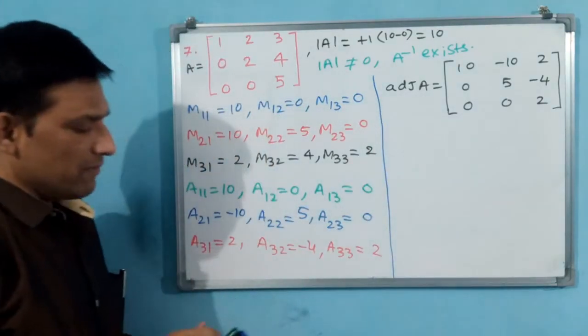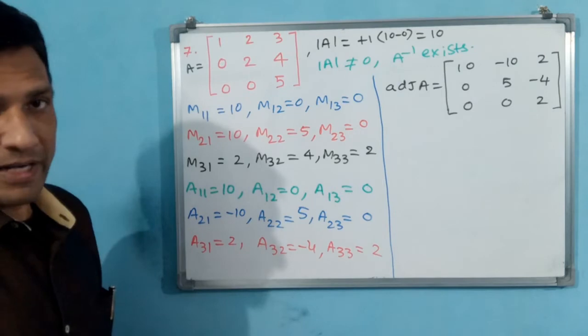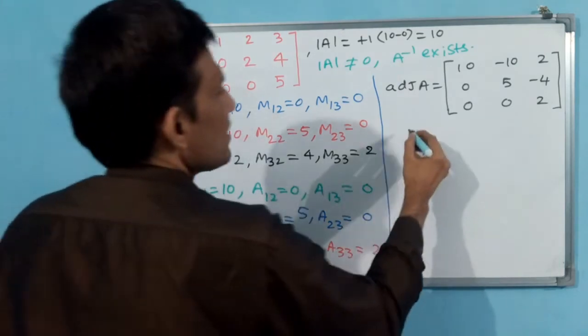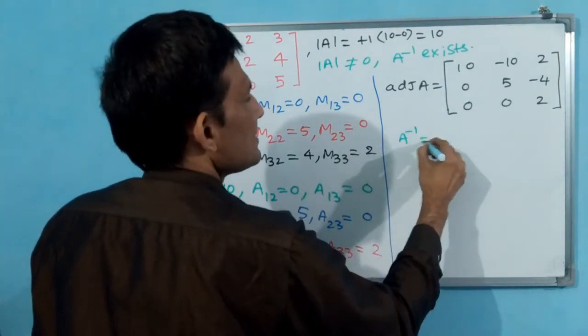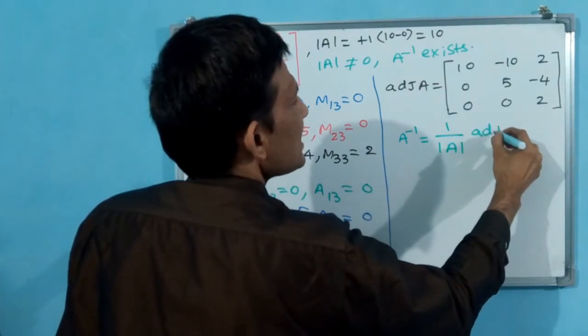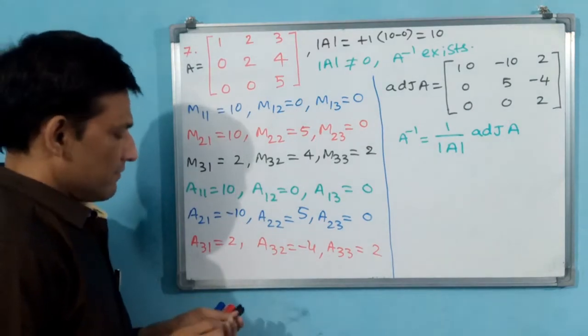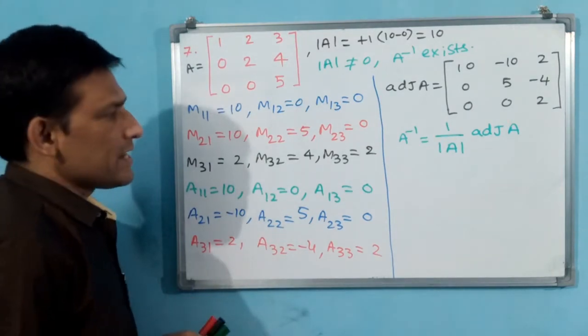Okay, now write the formula. Which formula are you writing? A inverse formula. Why? Because finally you have to find A inverse. Write down A inverse is equal to 1 by determinant A into adjoint A. Then you can write A inverse finally.